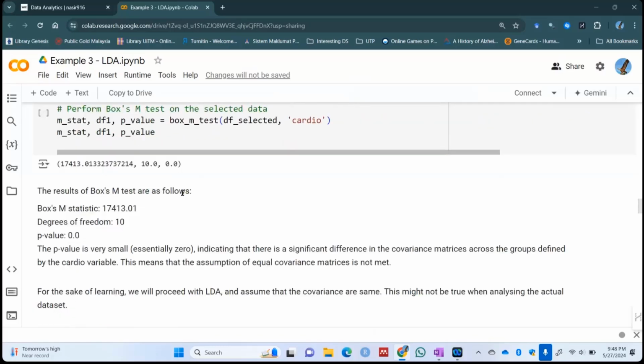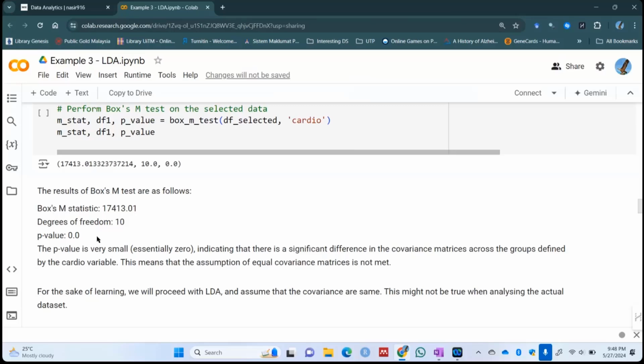So based on the Box M, you can see that the statistic is 17,000. The p-value is less than 0.05. It's not zero, basically it's less than 0.05, very small. The null hypothesis for equality of variance is that the data has equal variance.